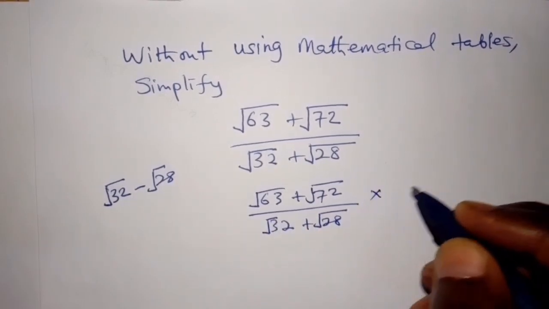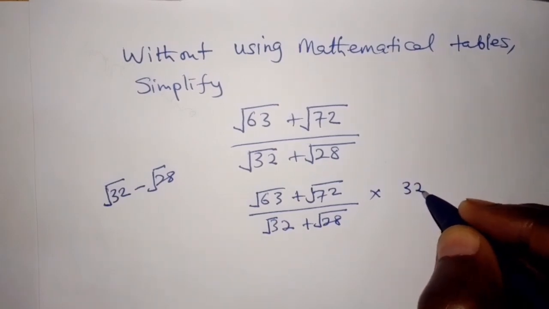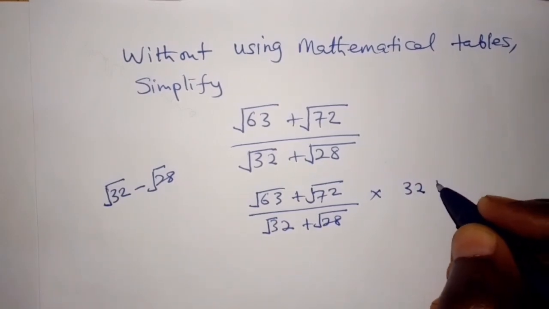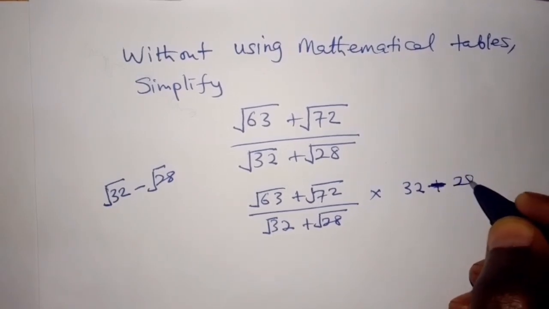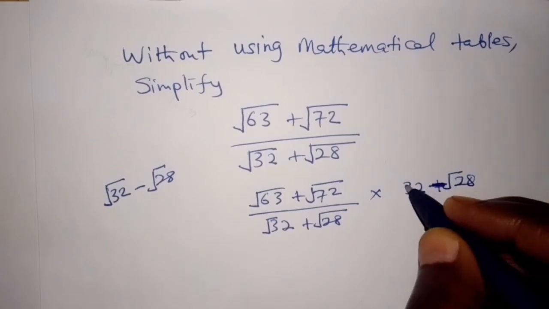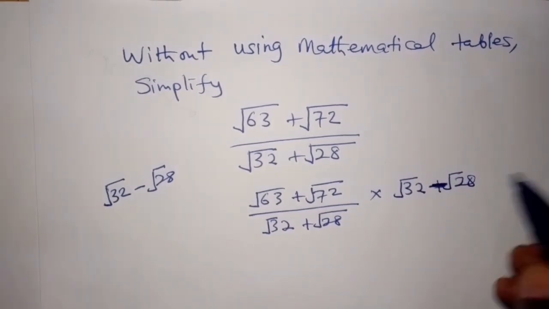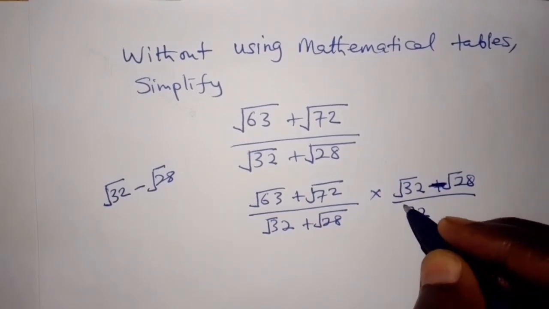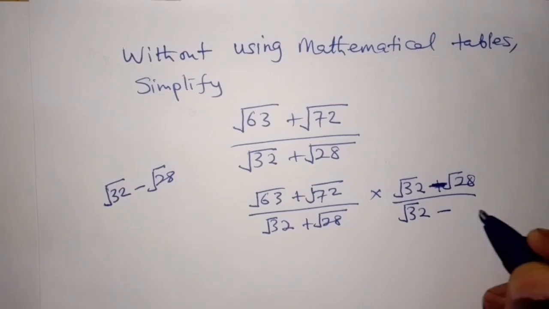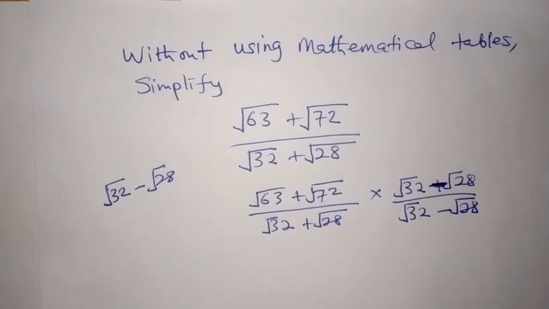We multiply by square root of 32 minus square root of 28. This is the conjugate, over square root of 32 minus square root of 28.